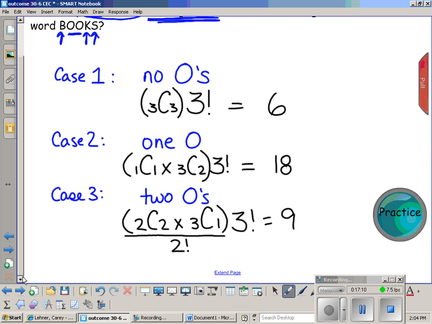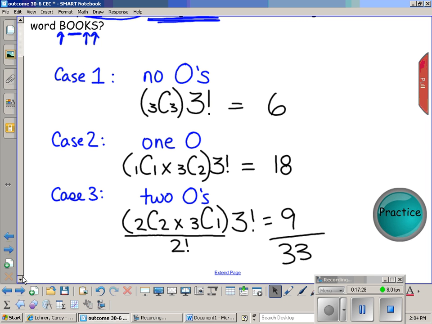So when we add these all up, there are 33 different ways that we can take the letters from the word books and arrange them, so order is important, in 3-letter arrangements.